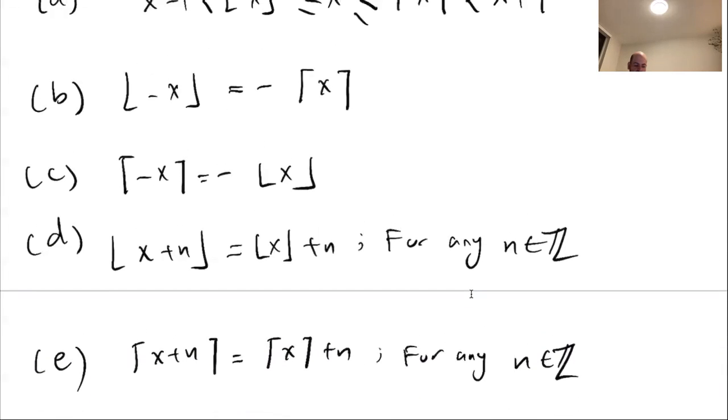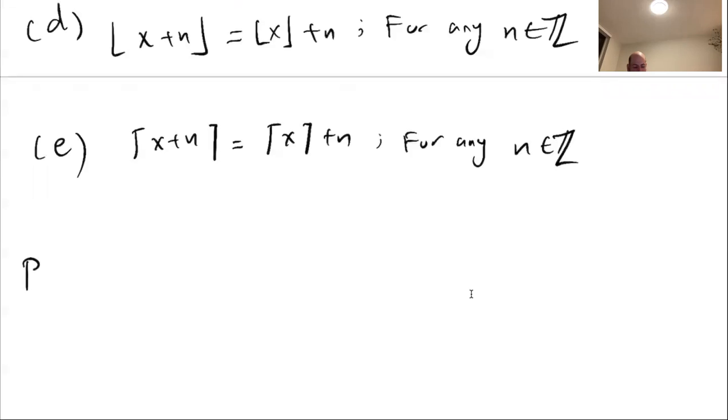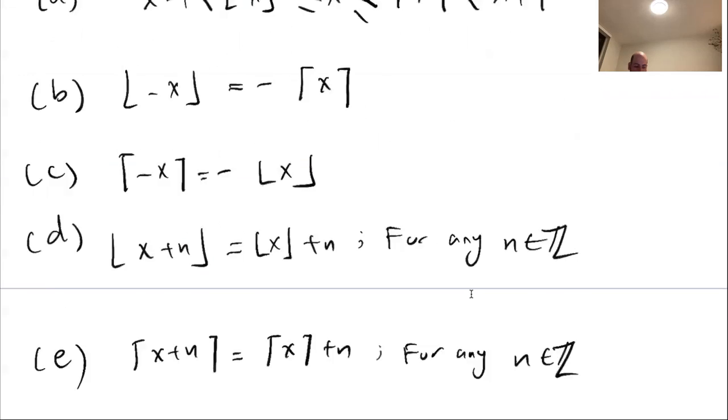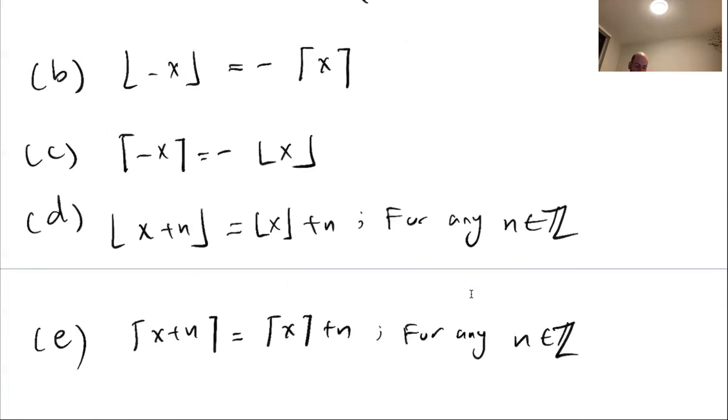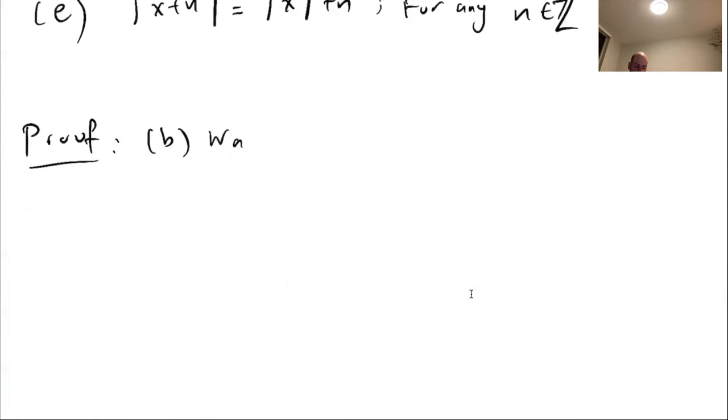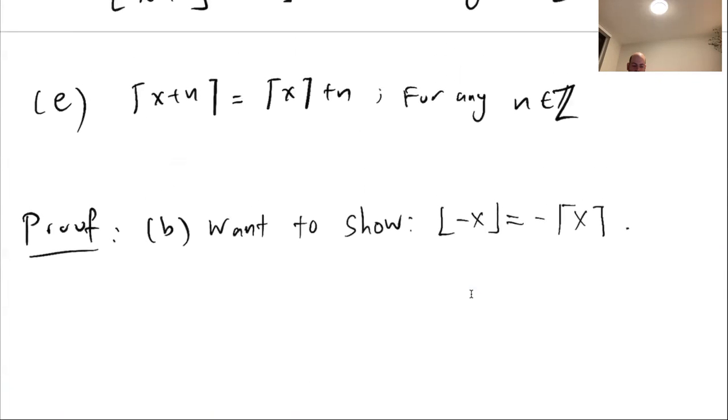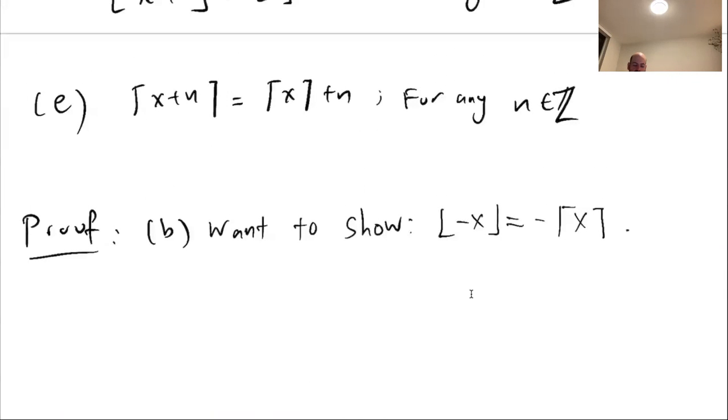For example, it's part B. Let's look at the proof of part B. So we want to show that floor of minus X is equal to minus ceiling of X. Okay, so how can I prove this?